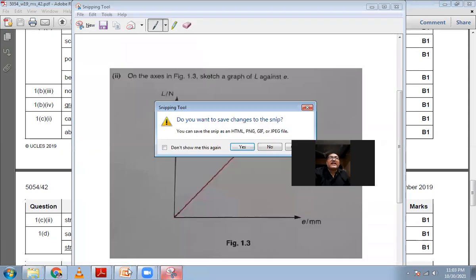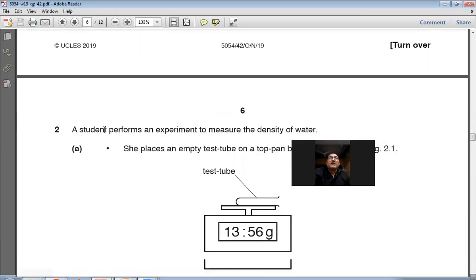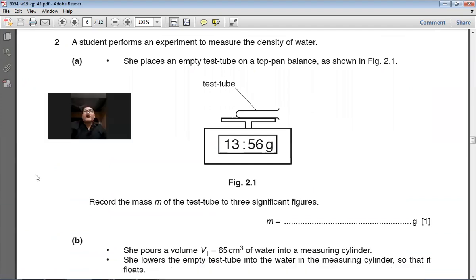The next question coming up on your screen is question 2. So here we go. A student does an experiment to measure the density of water. She places an empty test tube on a top pan balance as shown in figure 2.1. Record the mass M of the test tube to 3 significant figures.